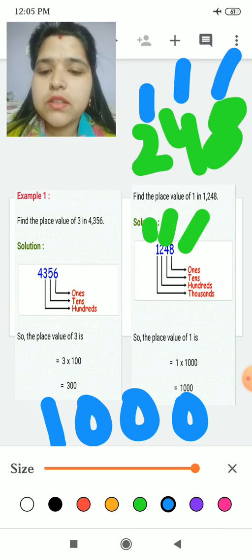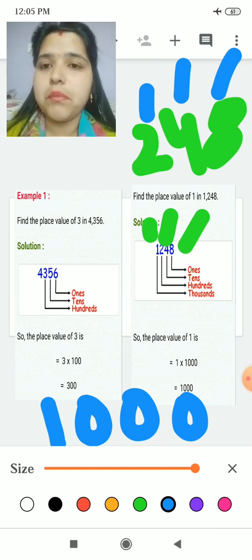See, these are divided into 3. We will not go for this, we will go for the one down. This is ones, tens, 100, 1000, 10,000, lakhs, 10 lakhs, crores, 10 crores. Understood? This is called the Indian system of numbers. Now the second one is the international system of numbers.